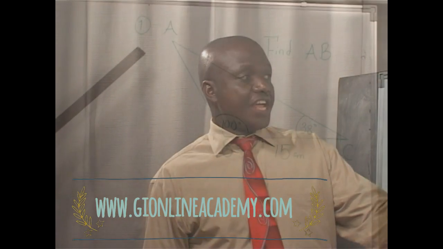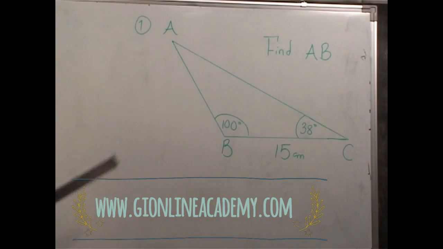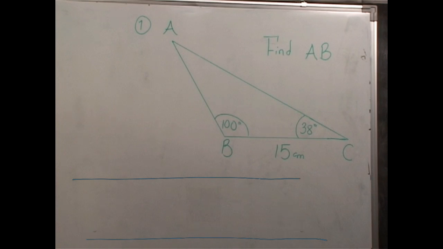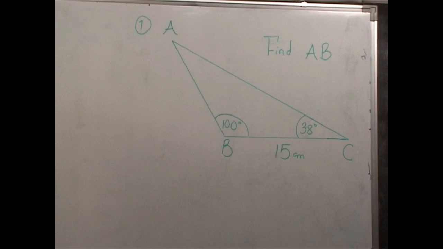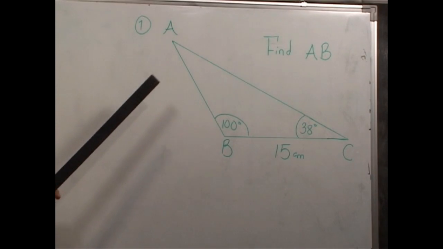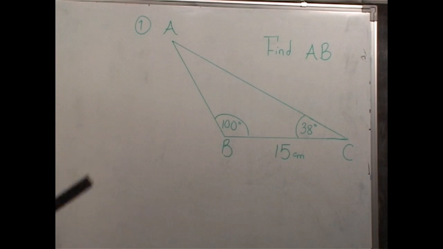The first one involved the triangle ABC, and you were required to find the length of the side AB using the sine rule. If you observed, in order for you to use the sine rule to find the side, you need to know the angle which is opposite the side that you have been asked to find.